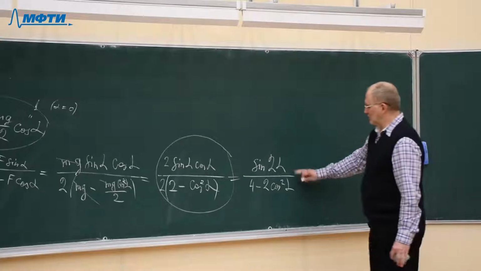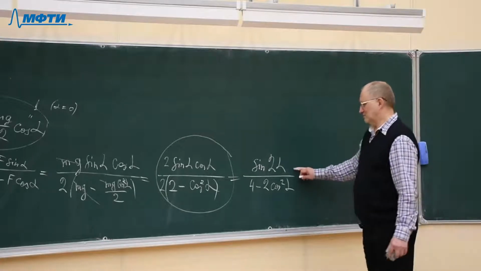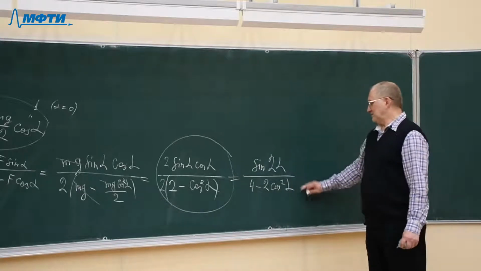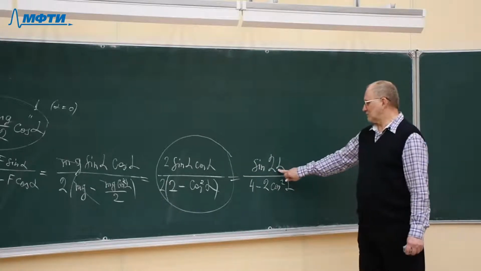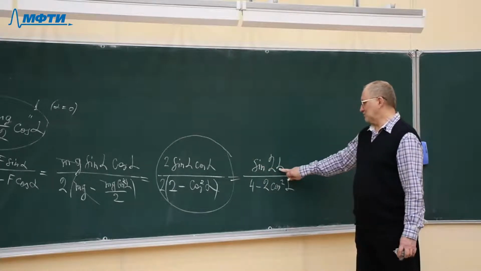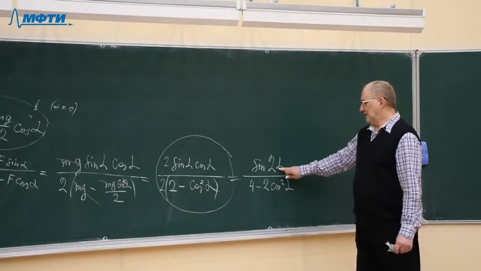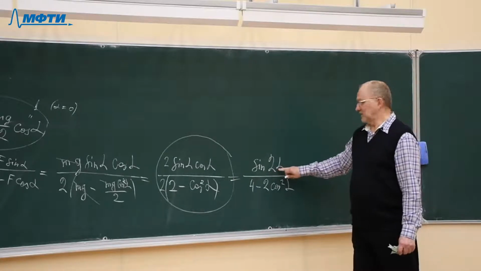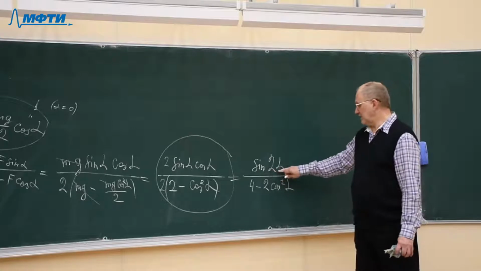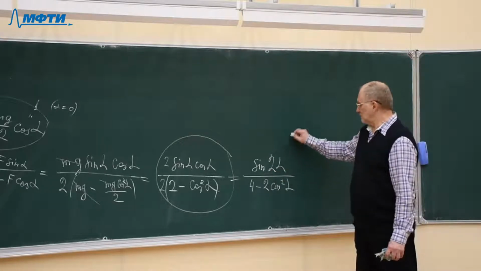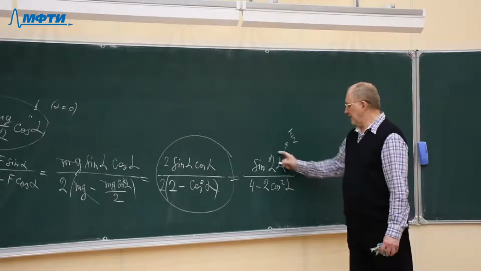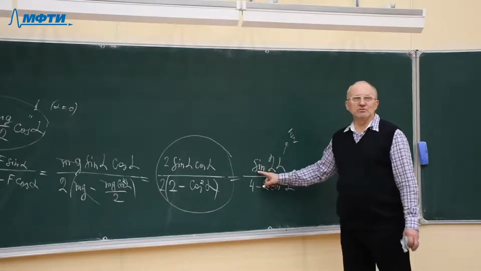Why is this more convenient? Well, certainly you may analyze the previous formula too. But for me this is more convenient because when alpha goes to 0, sine 2 alpha is also 0. And when alpha goes to 90 degrees, that is pi over 2, 2 alpha will be pi. And in both cases sine is 0.